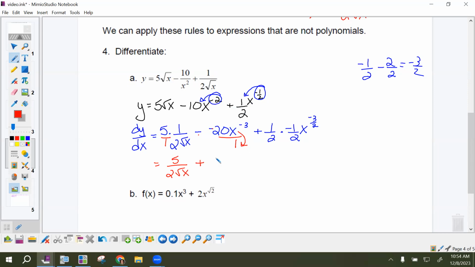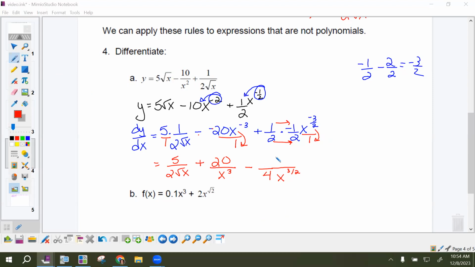This has to move back to the denominator. Multiplying my fractions here, I get -1/4. Oop, but this is going to move to the denominator as a 3/2 power. And I'm going to put the 1 in the middle.